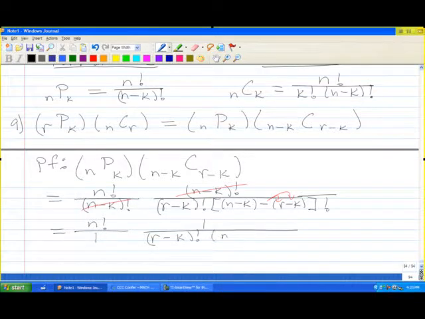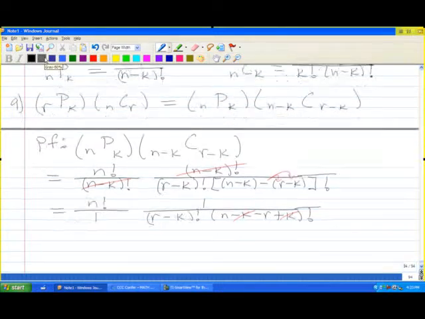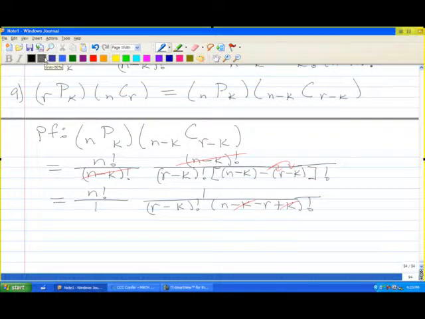So this is (n minus k minus r plus k) factorial. The k's cancel. And so this is equal to n factorial over r minus k factorial times n minus r factorial. Okay, well, that's good.